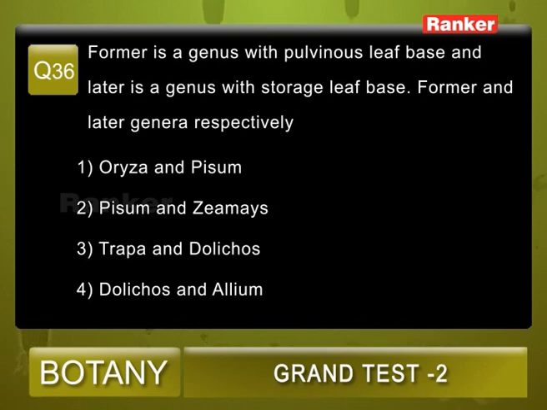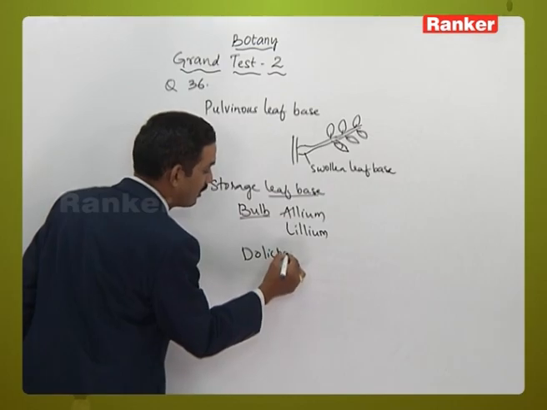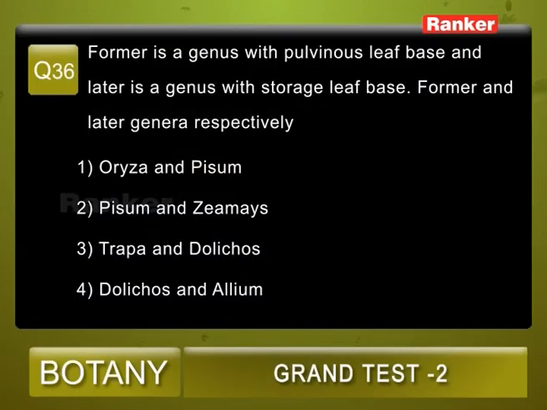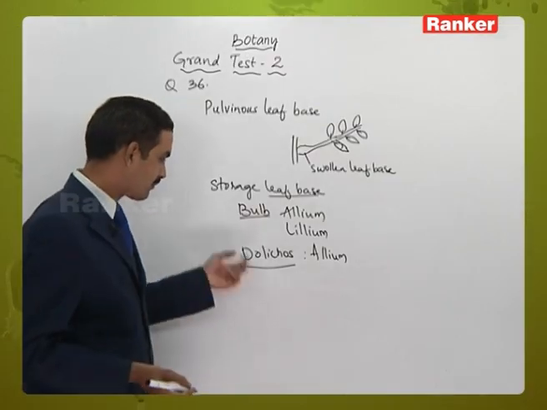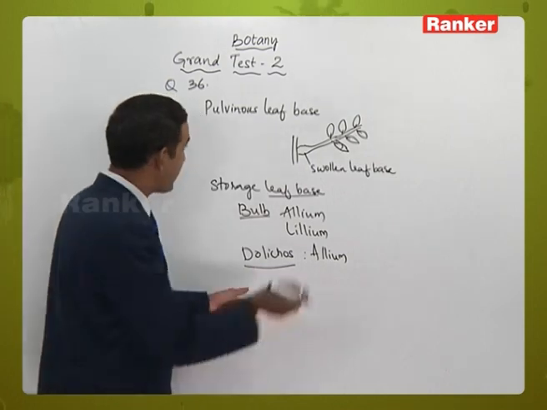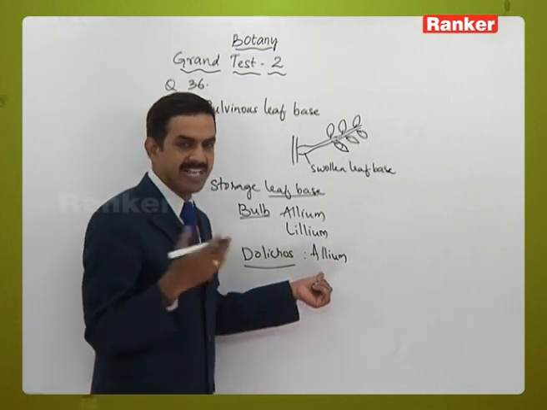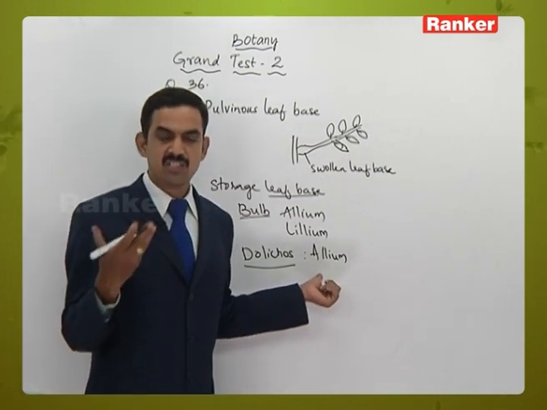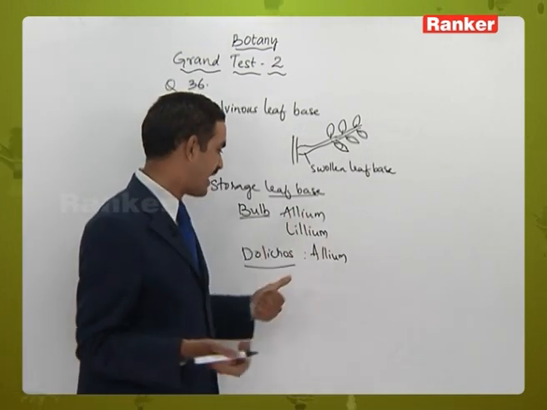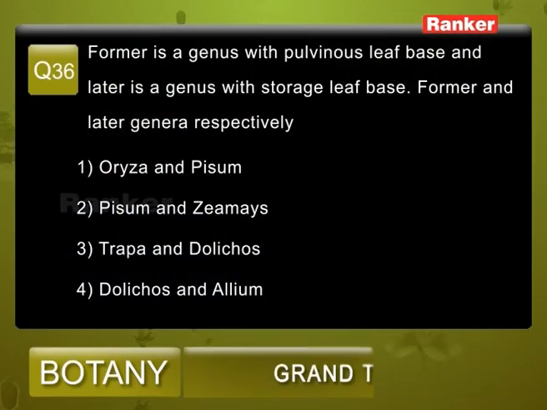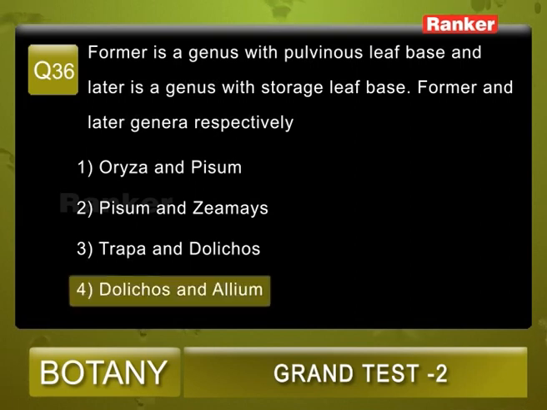Now let us come to the fourth option, Dolichos and Allium. Dolichos is nothing but beans. Yes, beans belong to Fabaceae, so it contains this character. Allium, already I said, onion and garlic. The genus of onion and garlic is Allium, so the second one will have the storage leaf bases in it. So question number 36, the correct answer is 4.